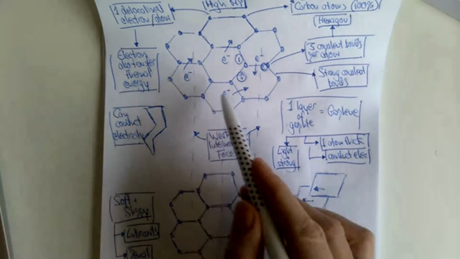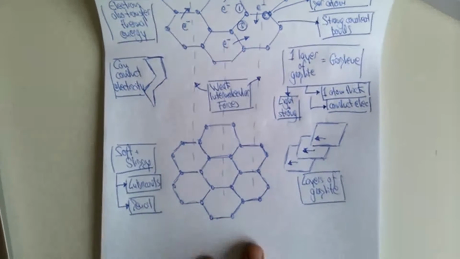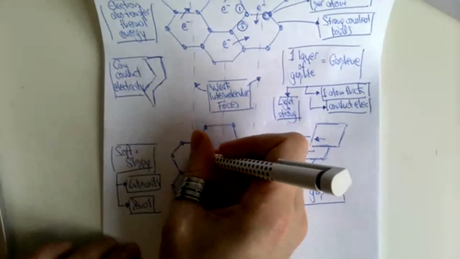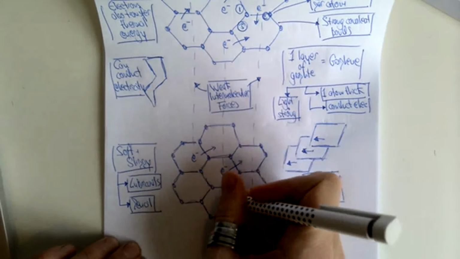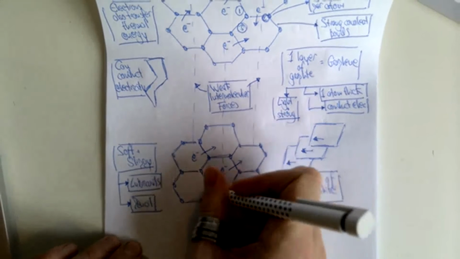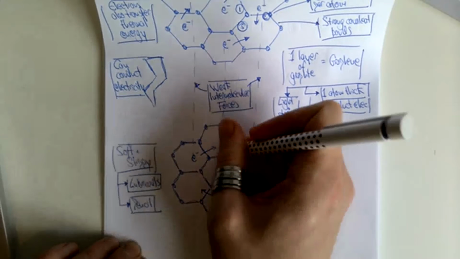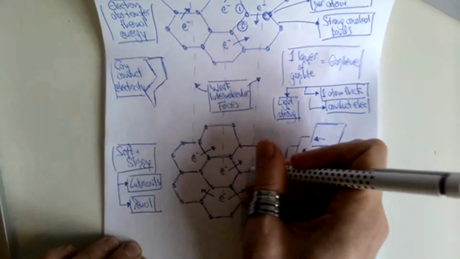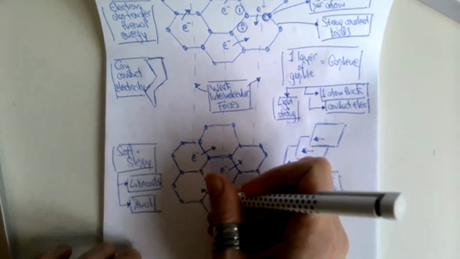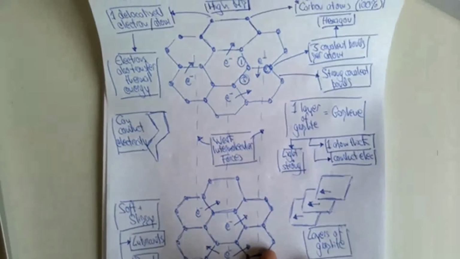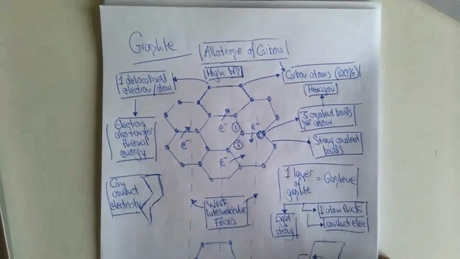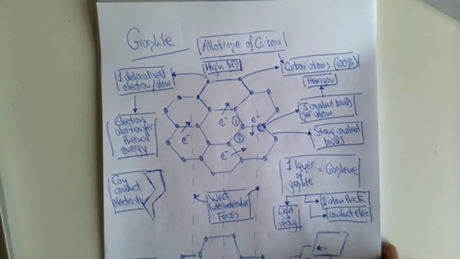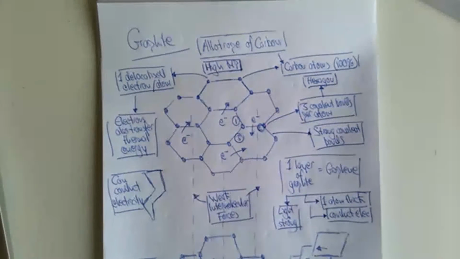And also because you've got these delocalized electrons moving around within the layers of graphite, it can conduct electricity and also thermal energy. So that's our next tutorial done on the second allotrope of carbon, looking at graphite.